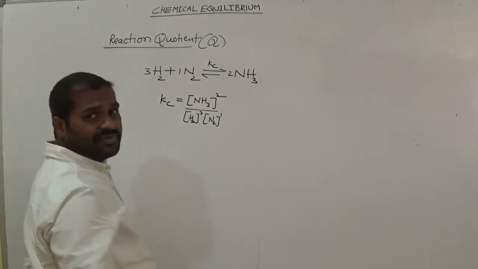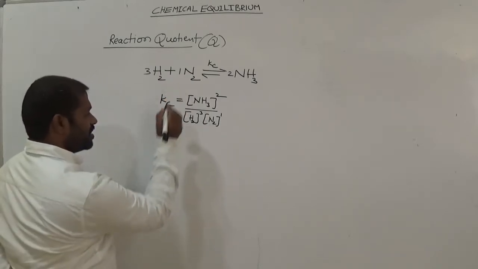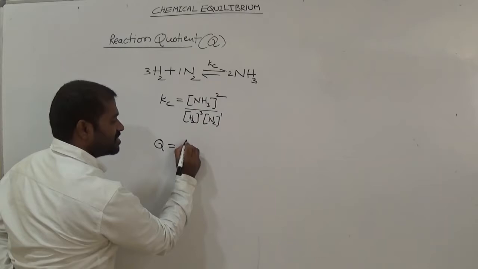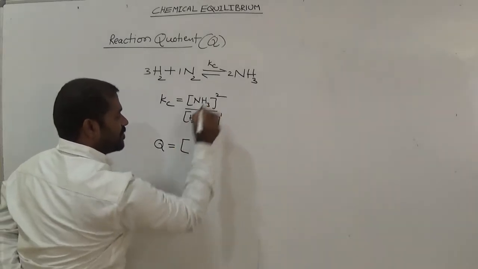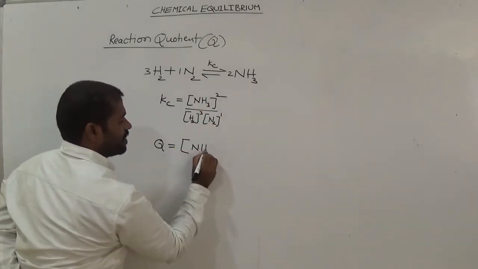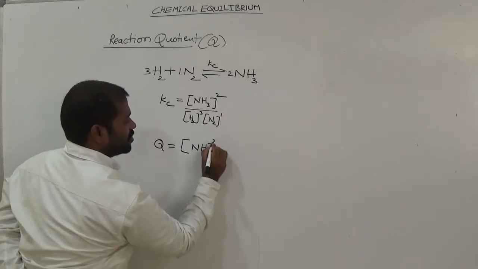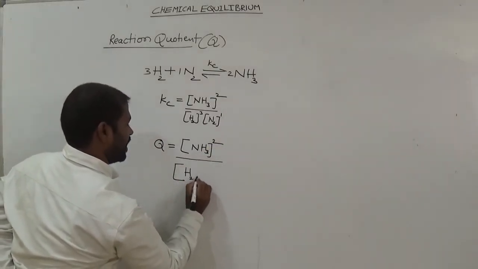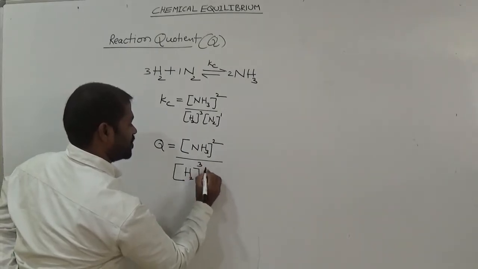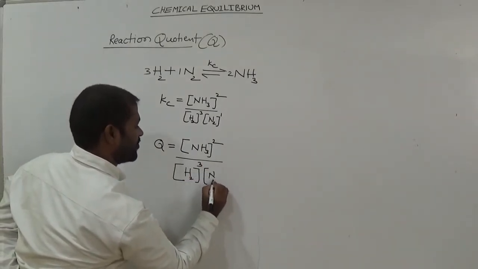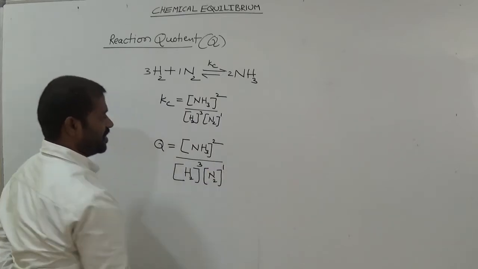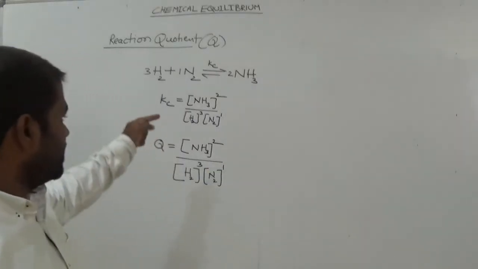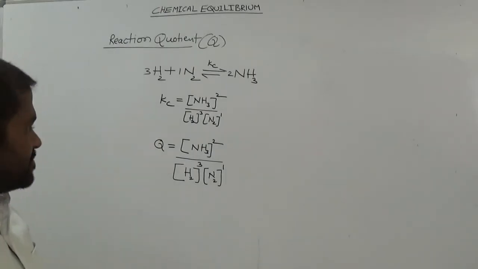Now I would like to write Q as the molar concentration of products to the power 2 over the molar concentration of H2 to the power 3 times the molar concentration of N2 to the power 1. Is there any difference in the given two expressions here?